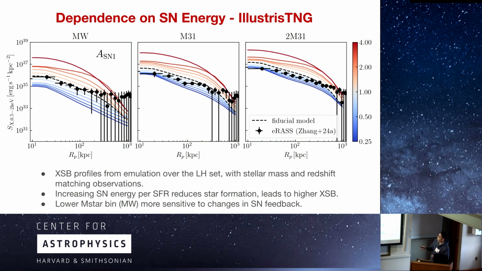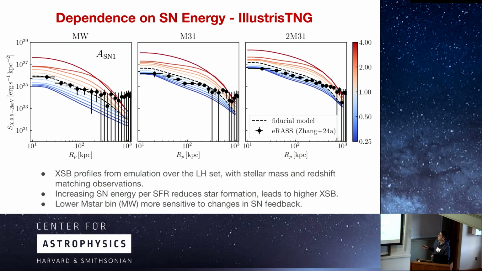You can also see that as we vary the strength of the supernova feedback, there's more spread in the lower mass bin, reflecting the fact that the lower mass bin is more sensitive to feedback due to the shallower potential. Here we are comparing to the observations in black points.